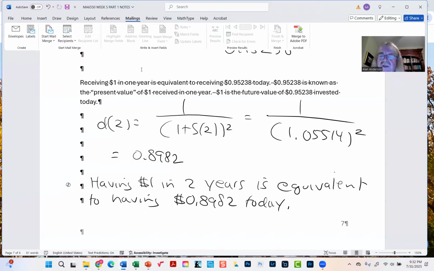So they're equal to each other in the sense that if I receive the 89.82 cents today and invest it at the rate 5.514%, in 2 years, I'll have exactly $1.